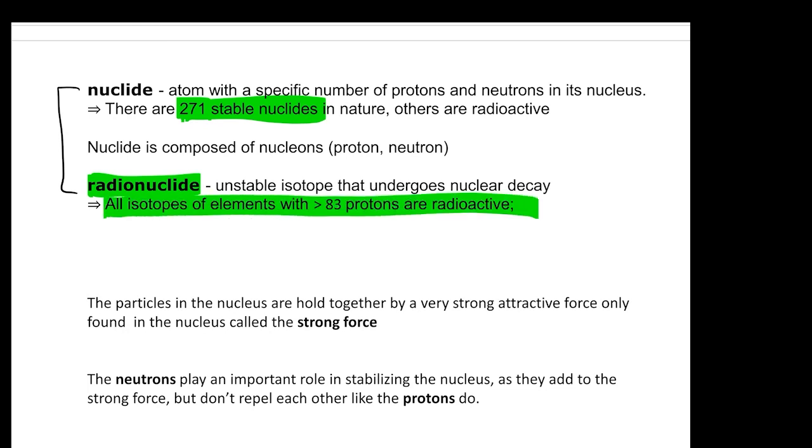If you have a number of protons larger than 83, it will be a radionuclei. That means it is not stable. And it's very easy to see why it is not stable. An atom is a very, very small particle, right? So how small is an atom?